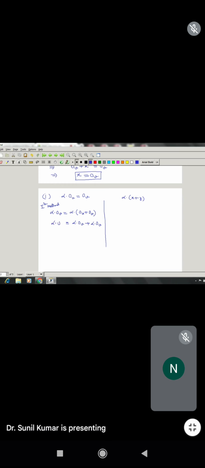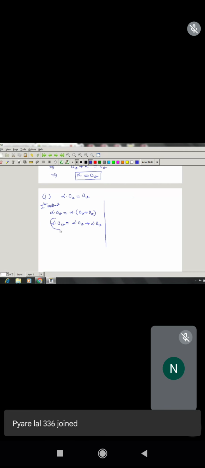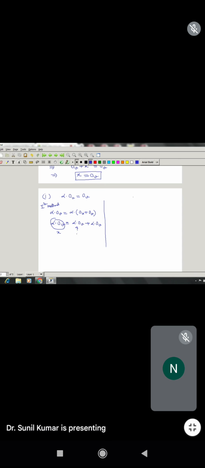So we get alpha dot 0v equal to alpha dot 0v plus alpha dot 0v. Is it clear? Don't you see the similarity, that if I take x equal to alpha dot 0v, then x is equal to x plus x.